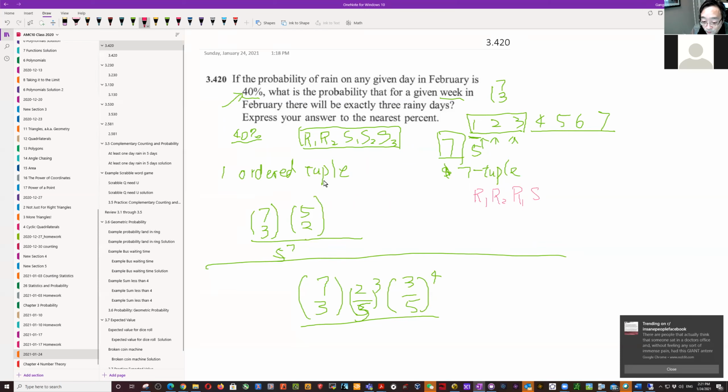Then this could be S1, S2, and S3. So basically it could be this way. Each position we are allowed to choose, so these 3 positions are allowed to choose either rank 1 or rank 2.